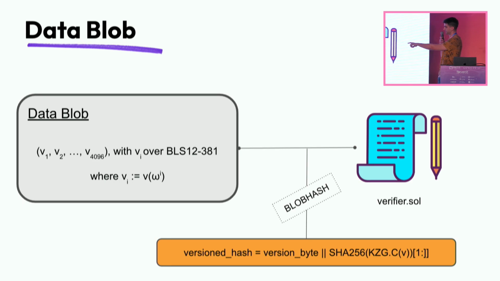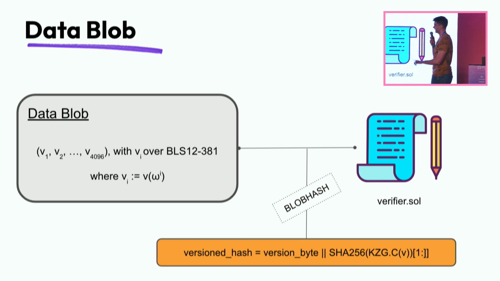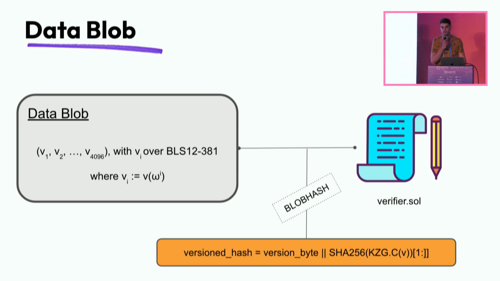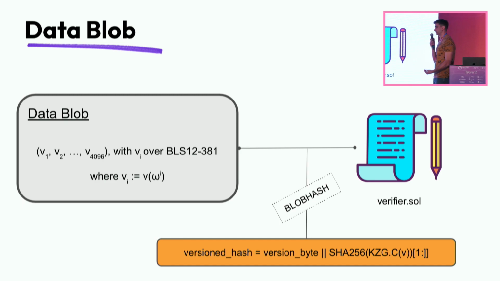And it will basically give you the SHA-256 of the commitment of the polynomial that represents this vector. Okay? And only with this information we need to be able to prove that what we are proving off-chain in L2 is the same as what you can retrieve in L1.